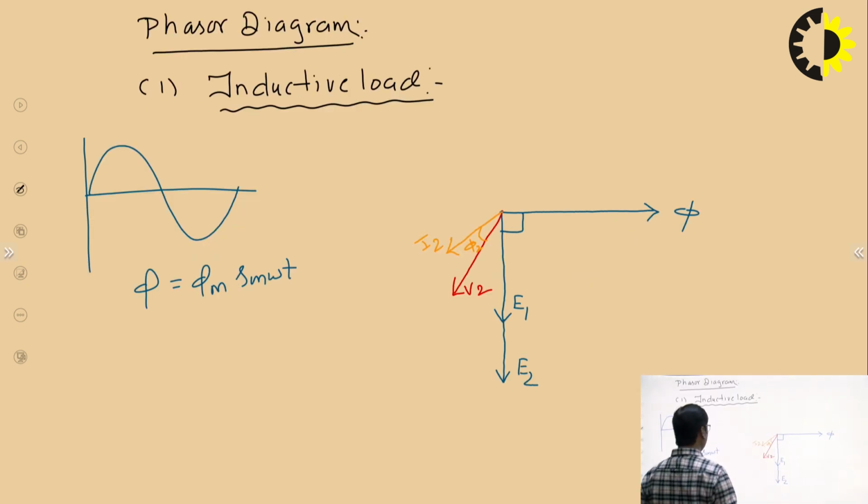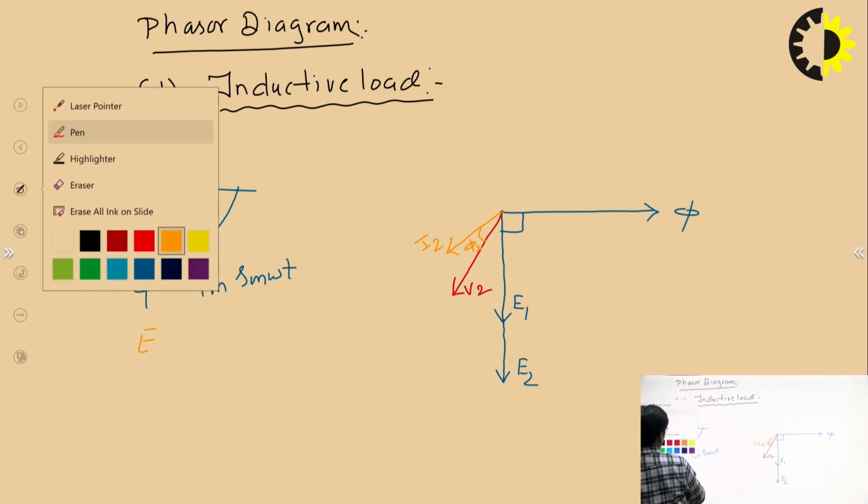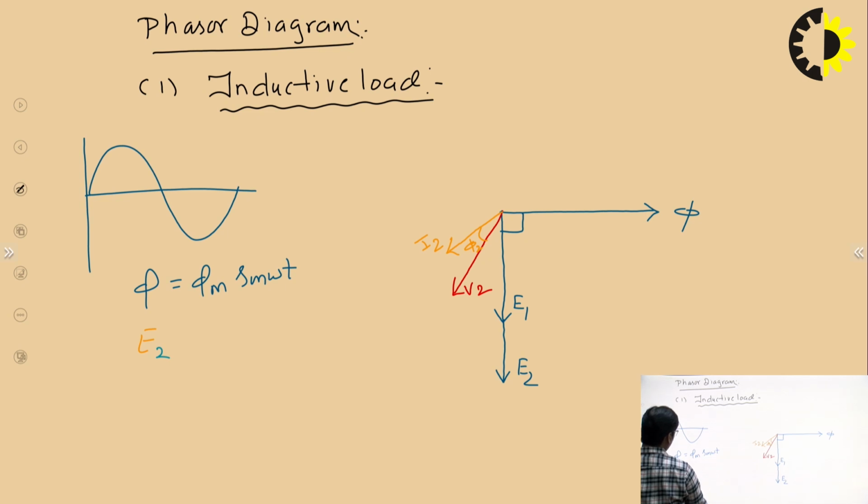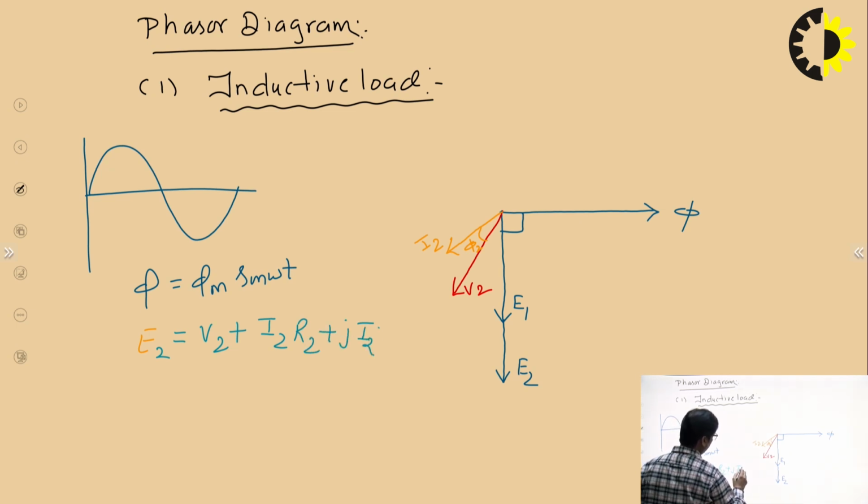So you can write E2 equal to V2 plus I2 R2 plus j I2 X2. This means E2 must be equal to V2 plus the phasor addition of I2 R2 and j I2 X2.